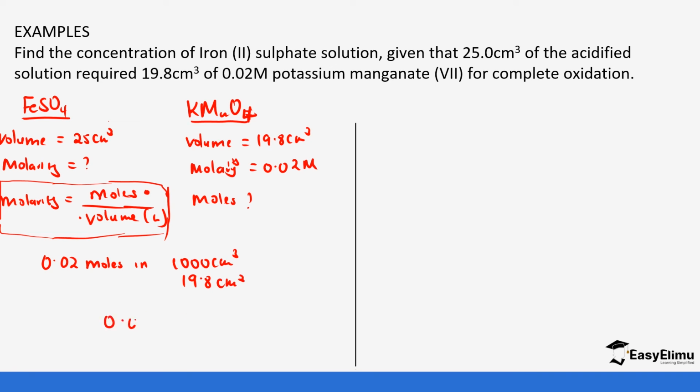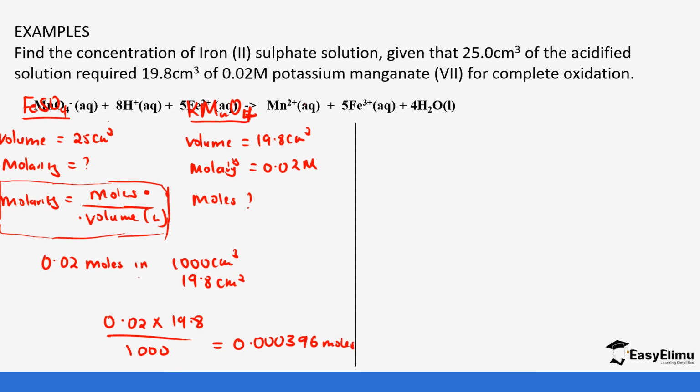So we get 0.02 times 19.8 divided by 1,000. This gives us 0.000396 moles.